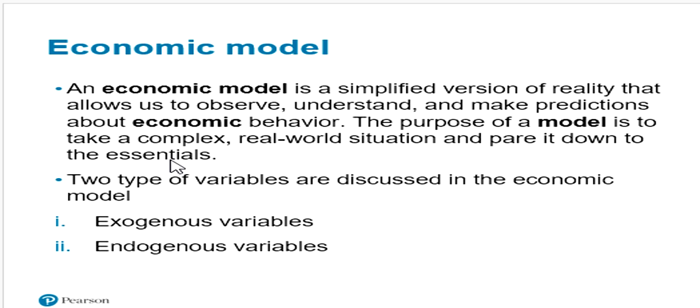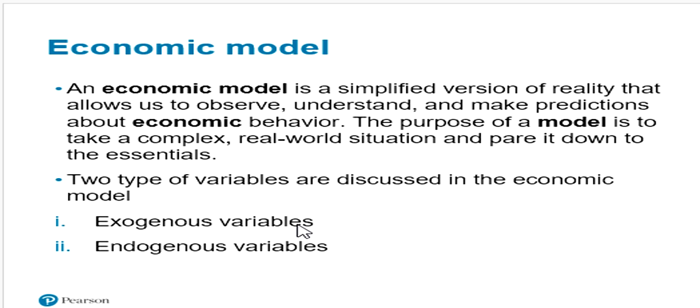So in any model of economics, there always exist two types of variables. One is called the exogenous variable and the other is called the endogenous variable. We also call the exogenous variable the independent variable and the endogenous variable the dependent variable.